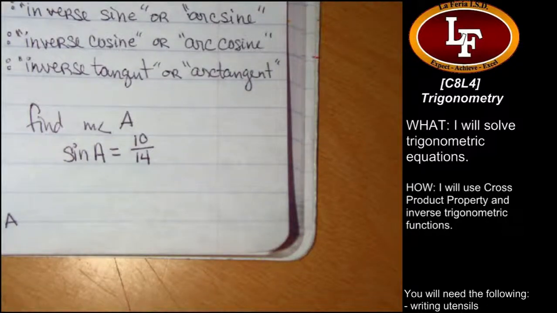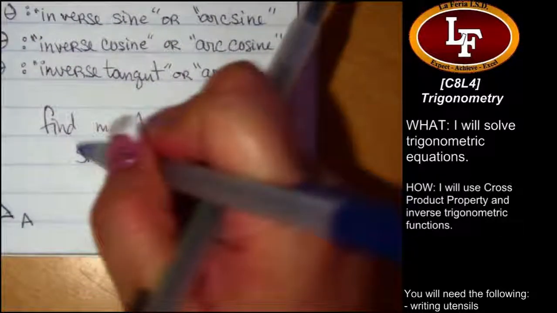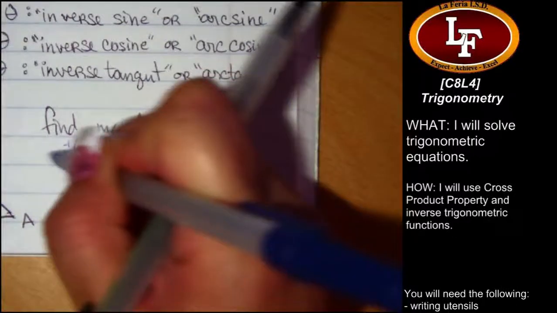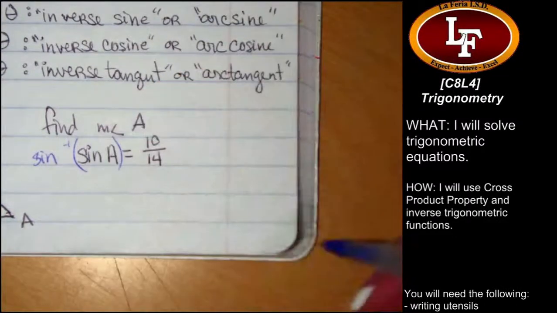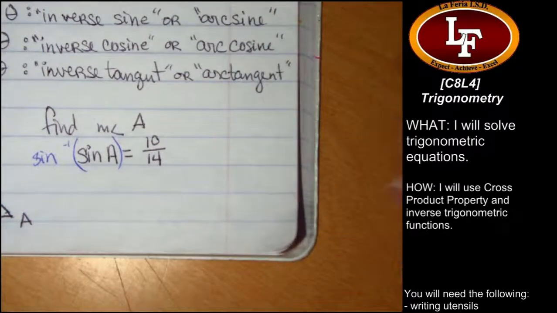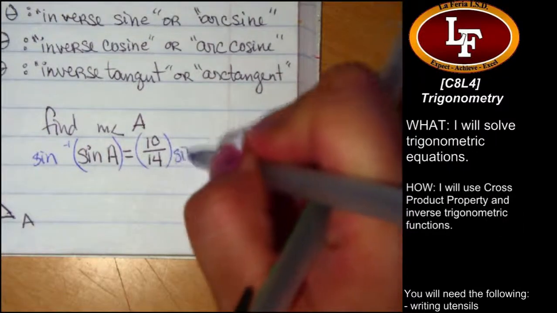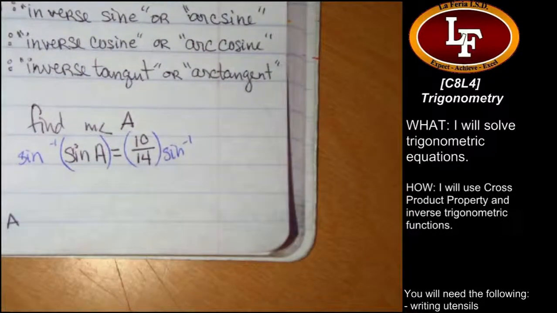I need the measure of angle A all by itself. To undo the trig ratio of sine, I need to use its inverse. What I do to one side, I have to do to the other. Please know that the way I wrote it on the right-hand side is not exactly correct, but it tells me that I need to take the inverse sine of that side.